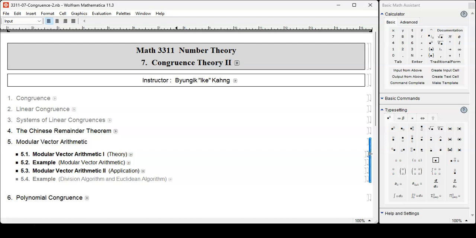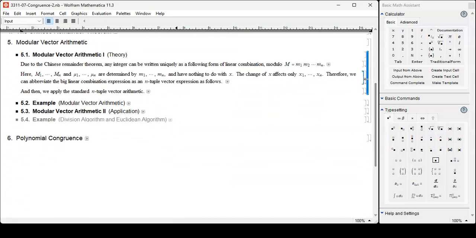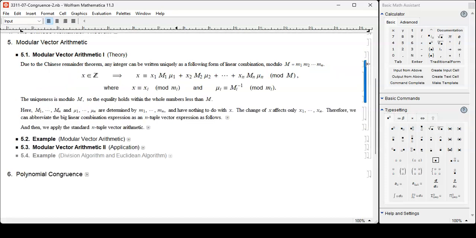Previously, we went through the modular vectors. Suppose that the moduli m1, m2, m3, and so on are already in place, and they are pairwise relatively prime.